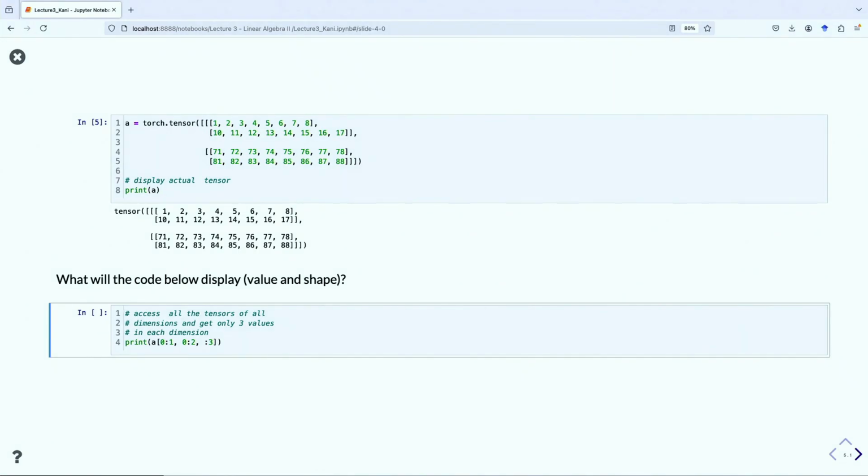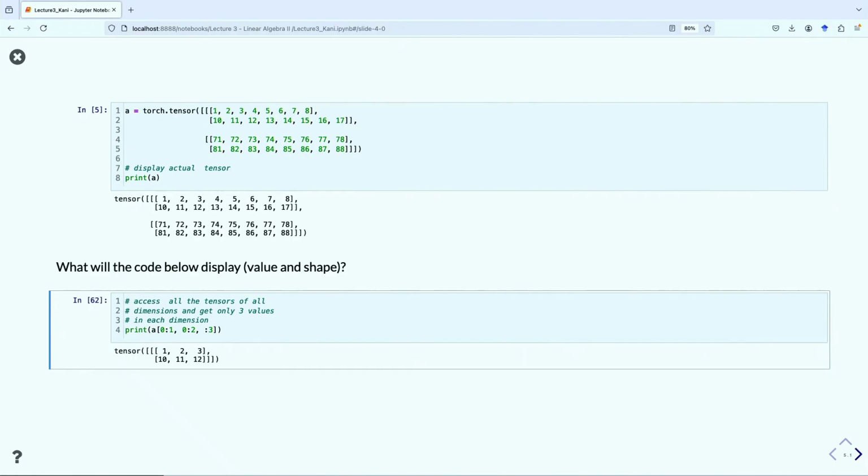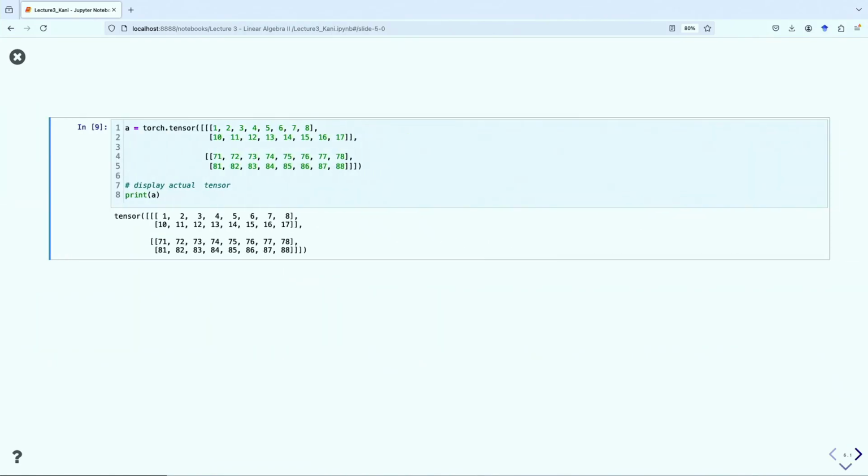Up until the third element, good. So which values? Just say it out loud. It'd be 1, 2, 3, 10, 11, 12. Yeah, I think that's reasonable. Let's see. Yeah. All right, good.